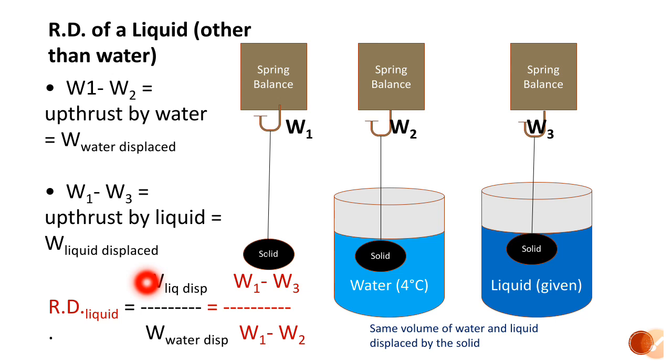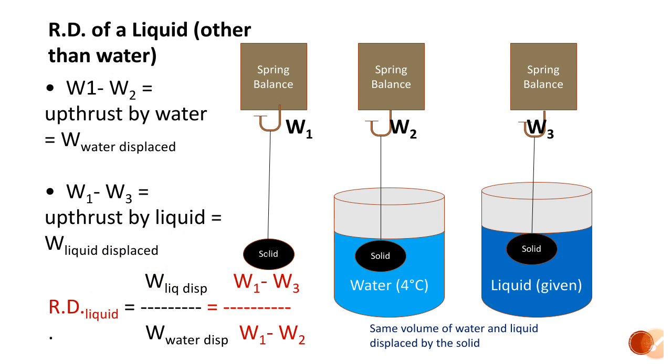Whenever the solid is taken in the liquid, the same volume of liquid is displaced as the volume of water displaced when the solid is taken in water. So the relative density of the liquid is equal to the weight of the liquid divided by the weight of water of the same volume.